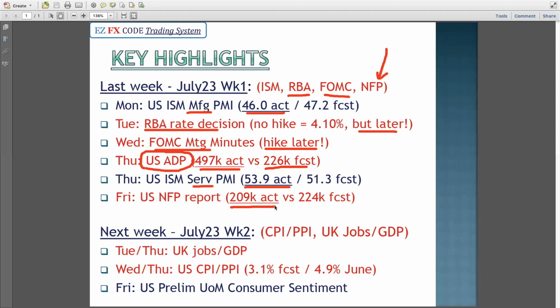And then with the lower than expected jobs added on Friday from the NFP, markets took advantage and drove all the majors higher, recovering after initially dipping lower in the first half of the week.